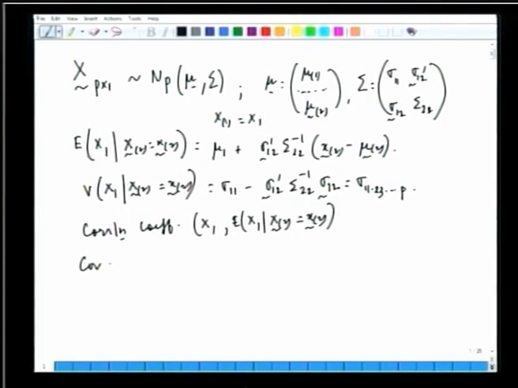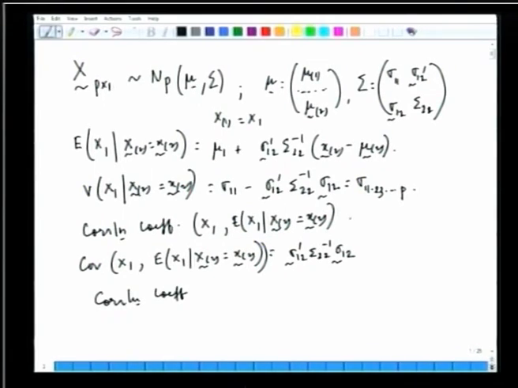And then we had seen that if I consider the numerator, that is the covariance between x1 and conditional expectation of x1 given x2, this covariance was simply sigma 1 2 prime sigma 2 2 inverse and sigma 1 2, and this fact led us to the correlation coefficient between x1 and the conditional expectation of x1 conditioned on x2.